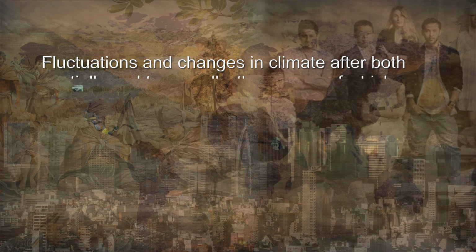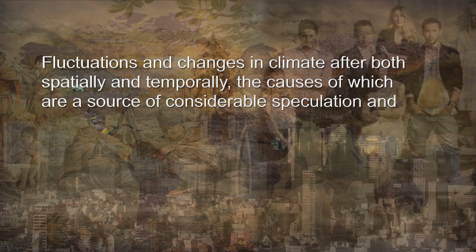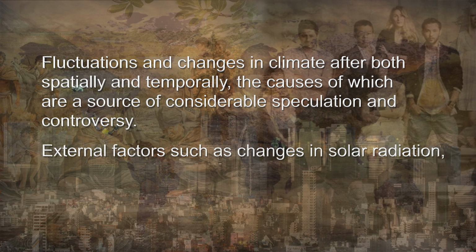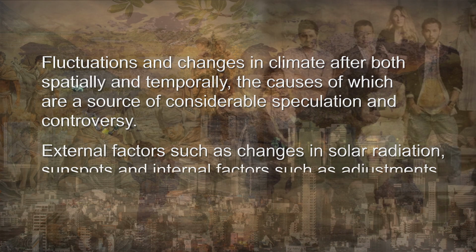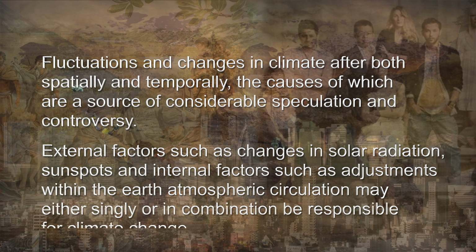Fluctuations and changes in climate occur both spatially and temporally, the causes of which are a source of considerable speculation and controversy. External factors such as changes in solar radiation and sunspots, and internal factors such as adjustments within the Earth's atmospheric circulation, may either singly or in combination be responsible for climate change.